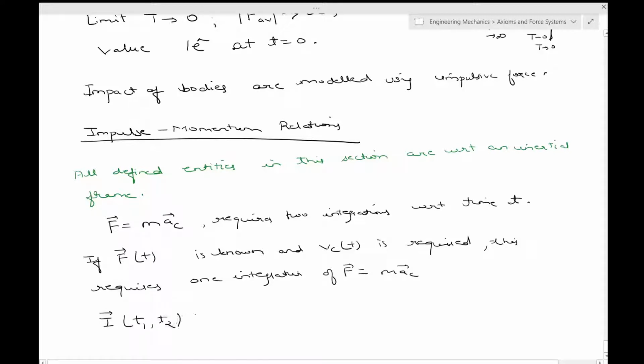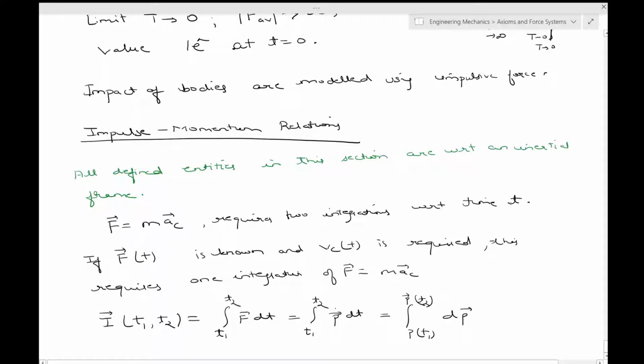So the impulse, as we know, is the integral from t1 to t2 of F dt, equal to the integral from t1 to t2 of p dot dt. This can be written as the integral from p of t1 to p of t2 of dp.